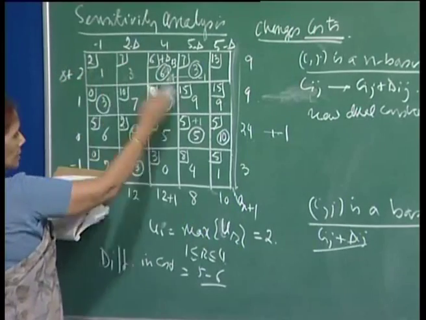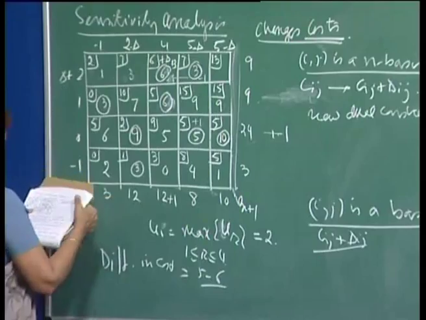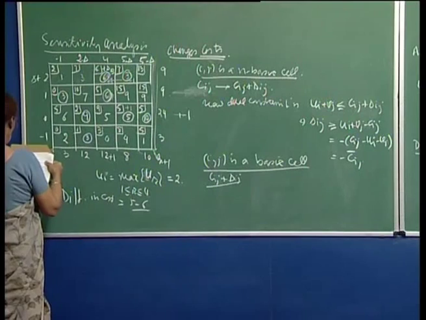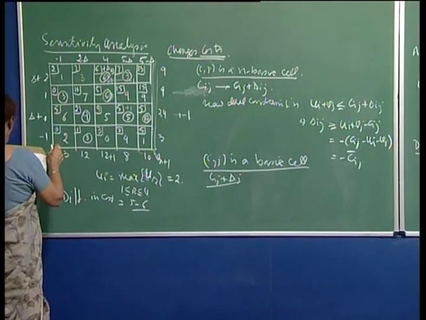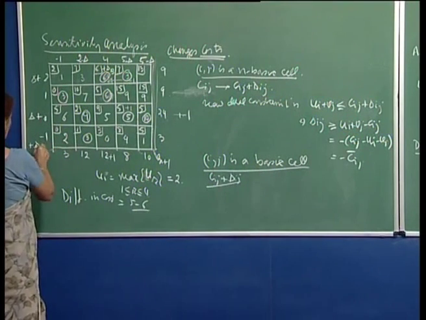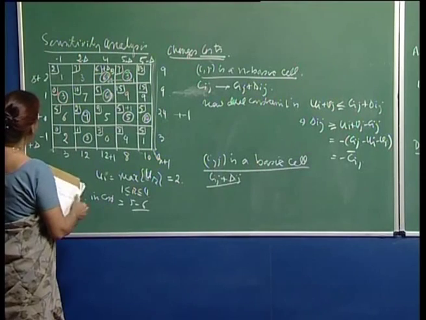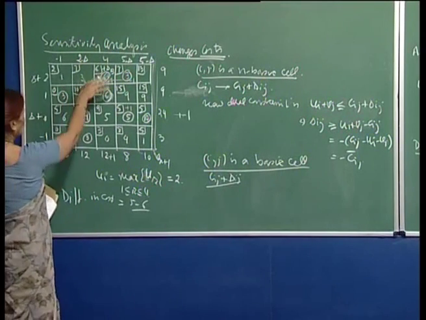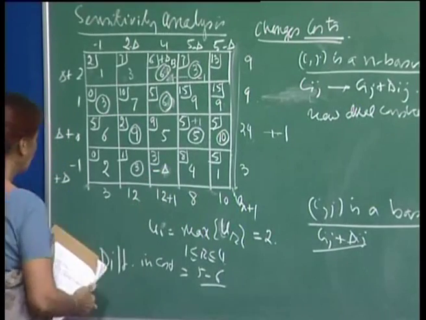I am writing delta just to save time, because otherwise it should be delta 1 3. So, what we are writing here should be delta 1 3, and then this becomes delta here plus delta, and this is plus delta here. So, these are your new values, and you can compute it for others. It turns out that this comes out to be minus delta.